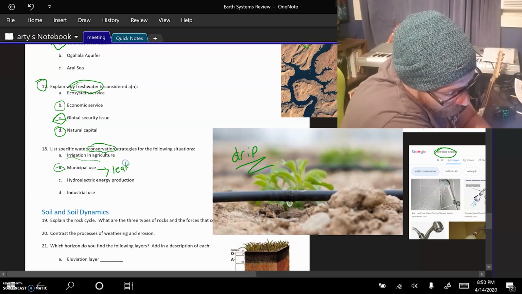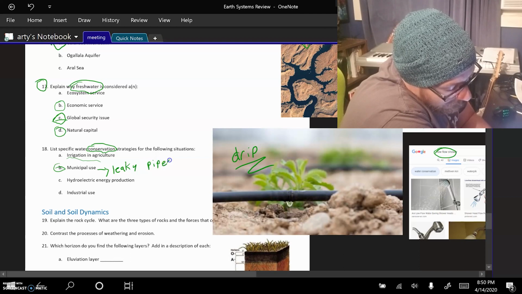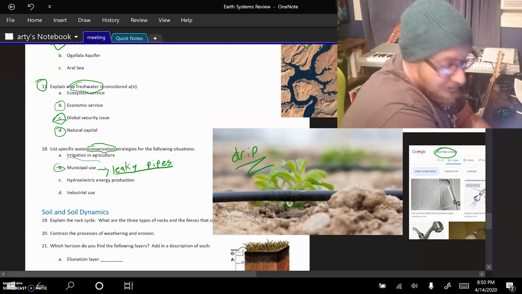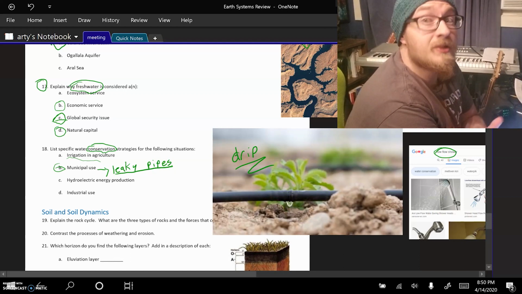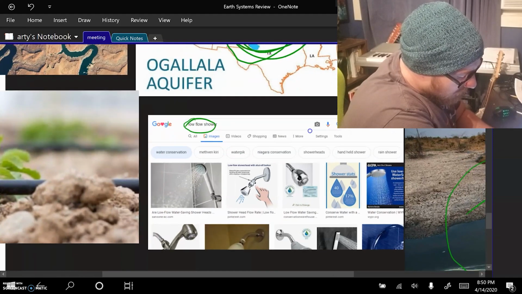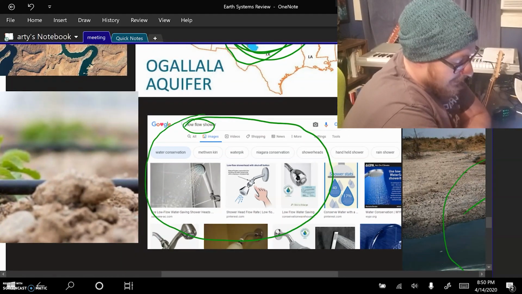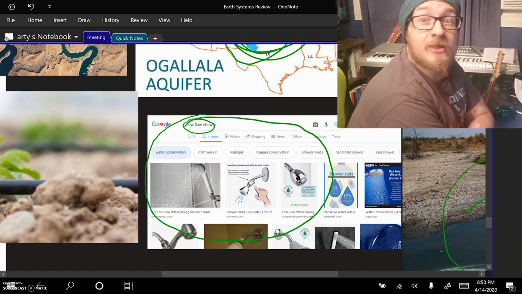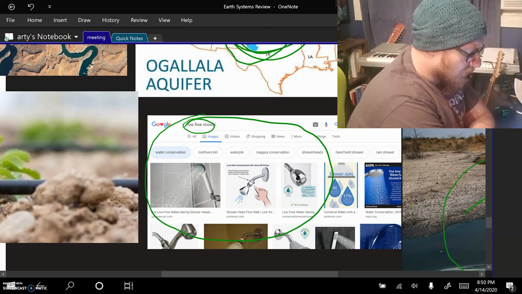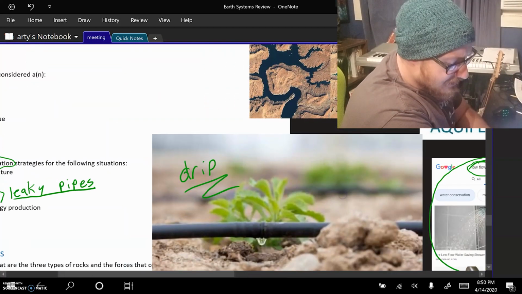So in Chicago, a lot of our water pipes are leaking. They're leaking underground. It's the pipes that are one of the biggest issues and one of the biggest losses of water in municipal use. But we can do stuff like buy low flow faucets and low flow shower heads that use less water. These are things that you can buy that have water responsibility kind of built into them.